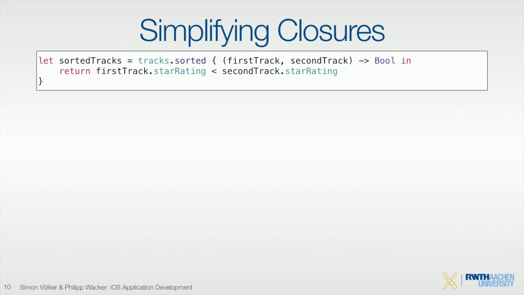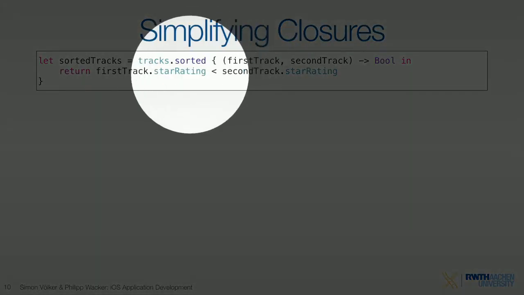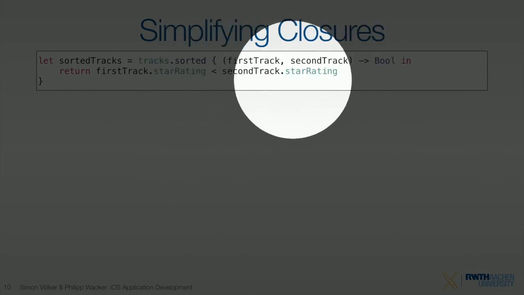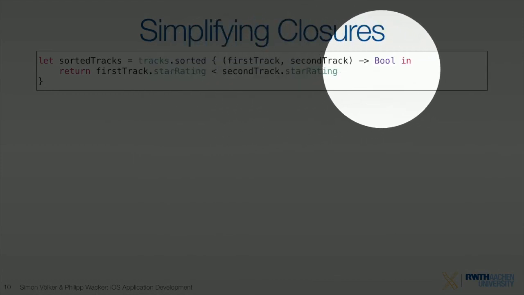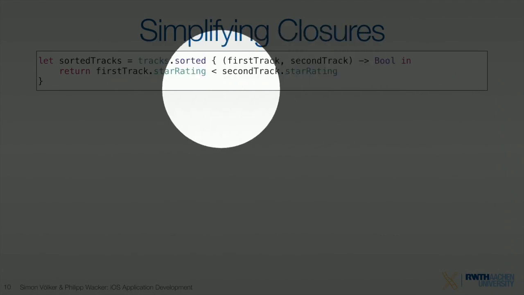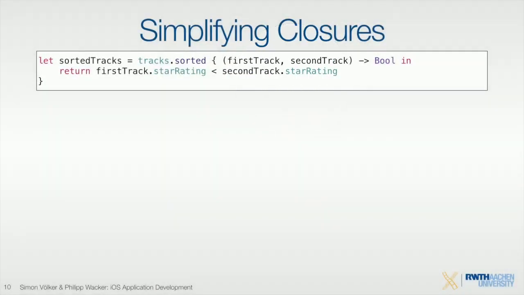It's clearer. And then once you get more proficient with that, leave stuff out. And yeah, it makes it simpler. So like I said, we have here our sorted function, takes two parameters, has a Boolean return type, and then just returns a comparison to help the array know how it should be sorted.